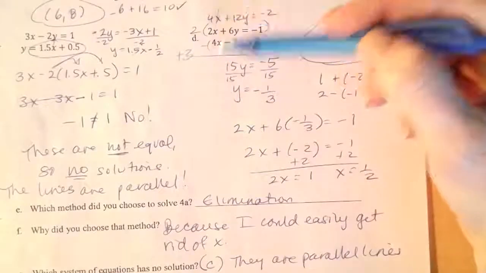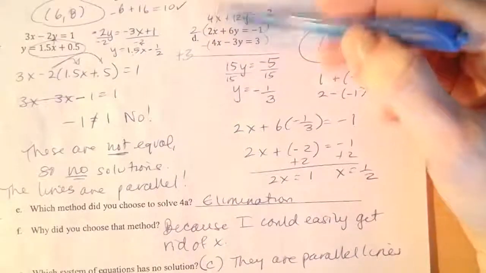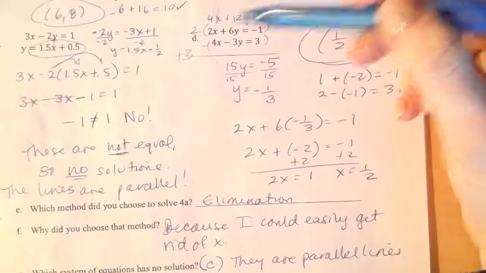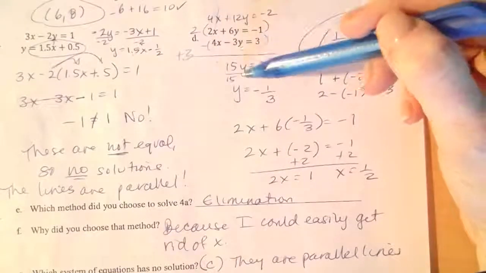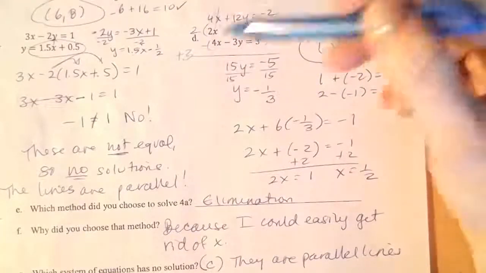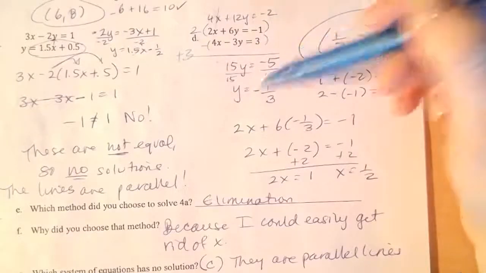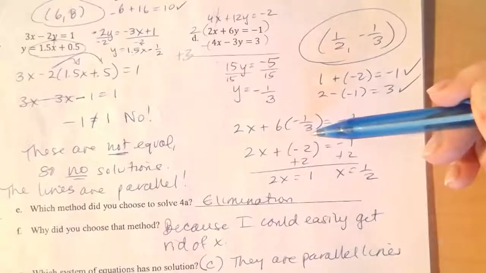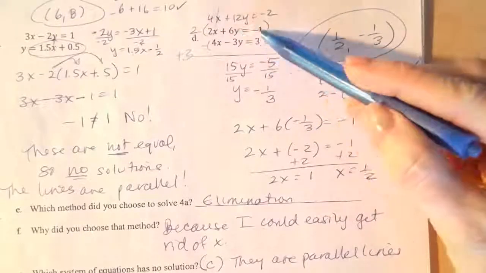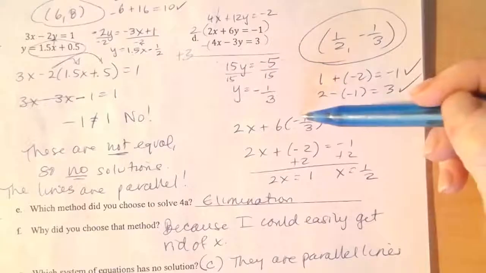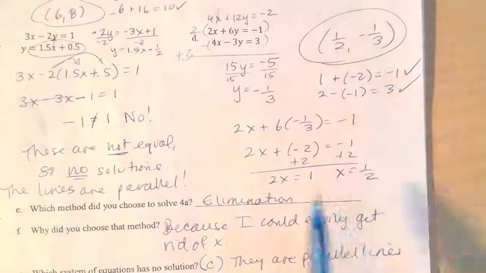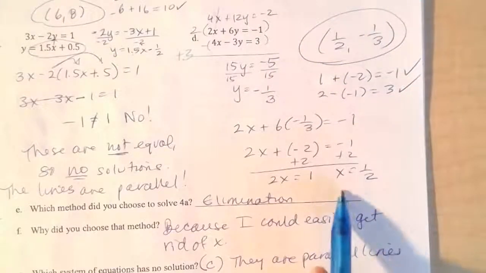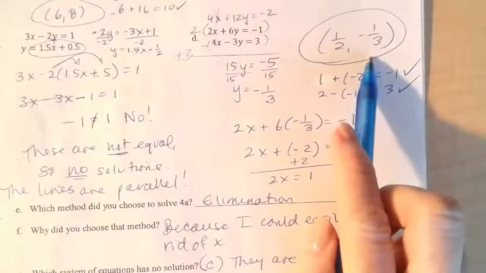And then I subtracted the second equation from the first to get rid of my x term. I ended up with 12y minus negative 3y, which is 15y. And negative 2 minus 3, which is negative 5, and I got y equals negative 1/3. And when I put that into my first equation, 2x plus 6y equals negative 1, I put the negative 1/3 in for y. I ended up finding that x equals 1/2. So my solution here was 1/2, negative 1/3.